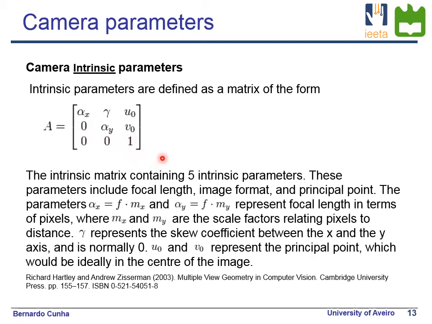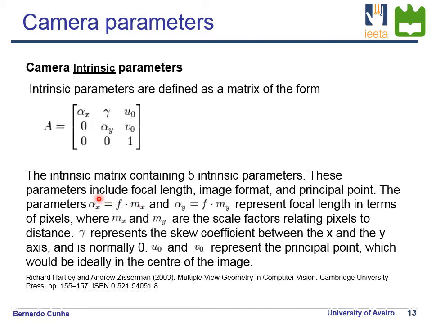And the most important ones over here are the alpha x and y. Alpha x and y are in practice the focal length, and are expressed in the form f times mx and f times my, in which f is actually the focal distance.